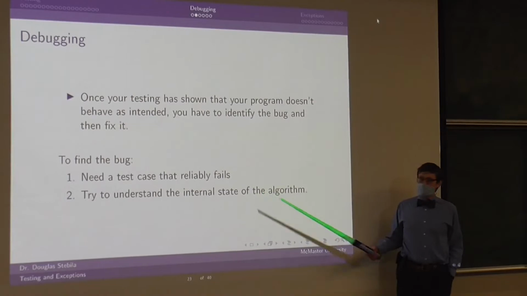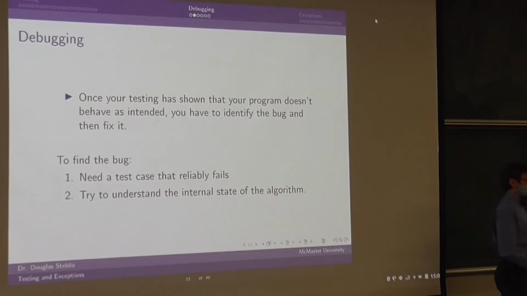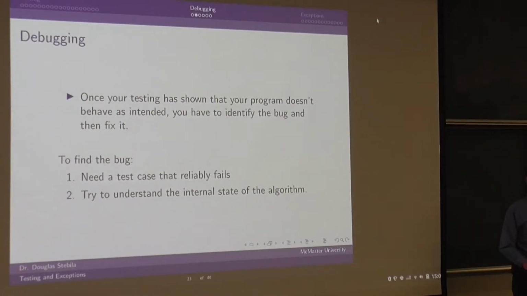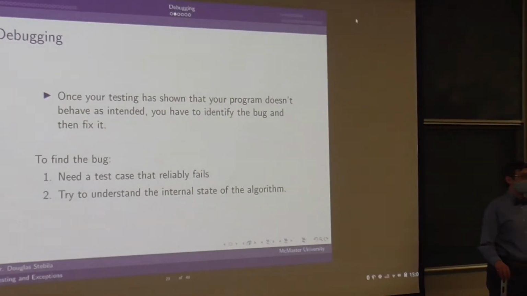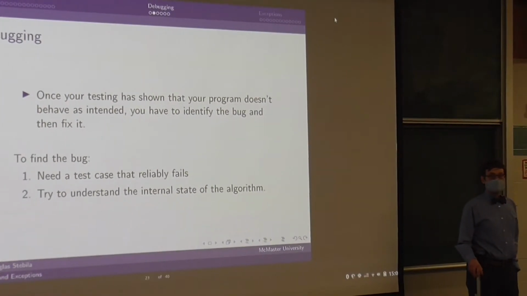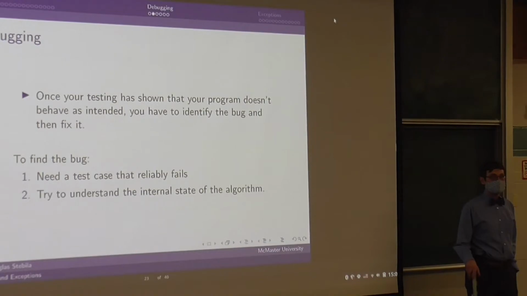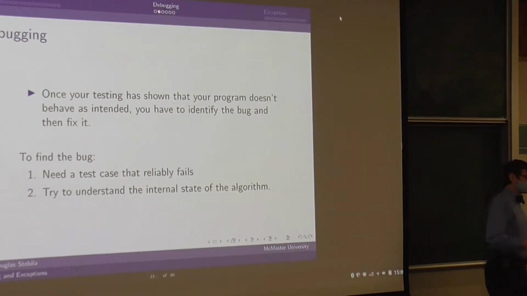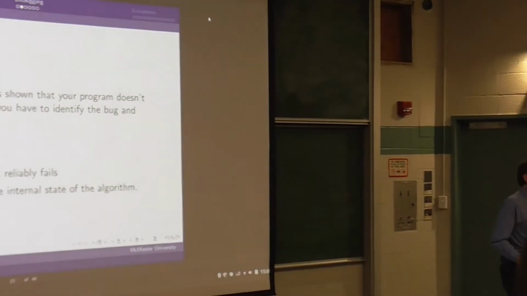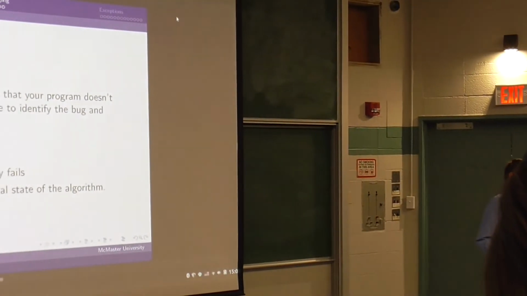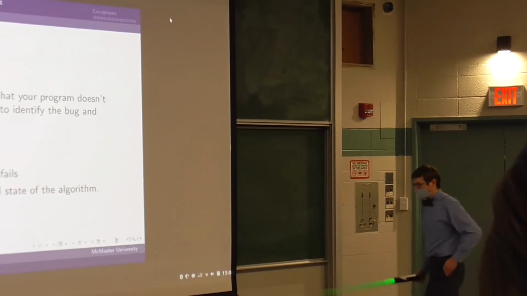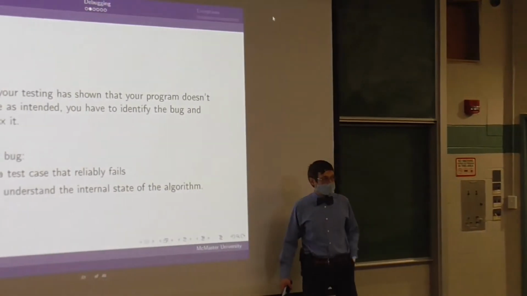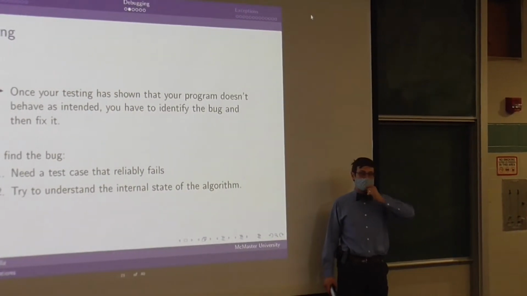So, what methods do we have to understand the internal state of a program? Anybody? Yes. You can print at different steps, using print statements at various steps, especially where the error might be present.